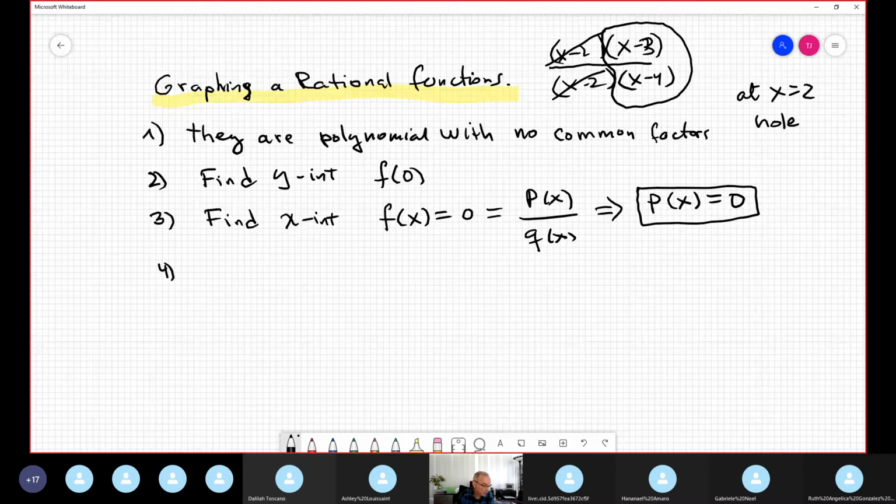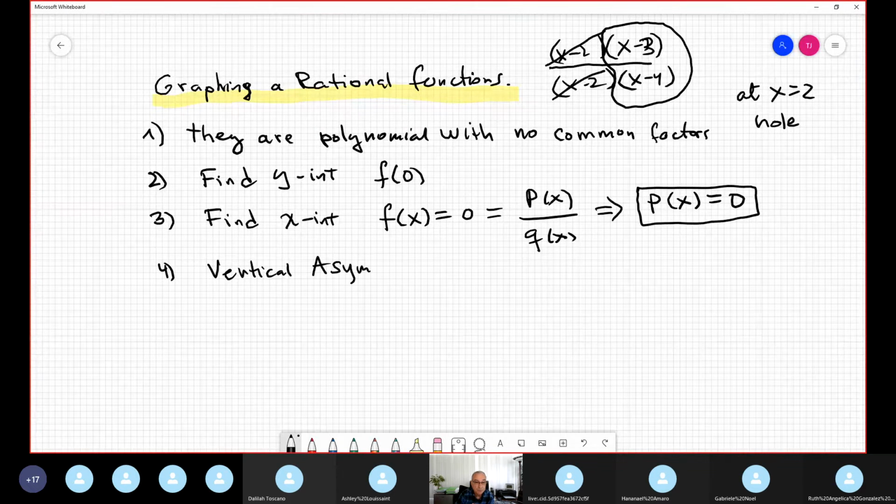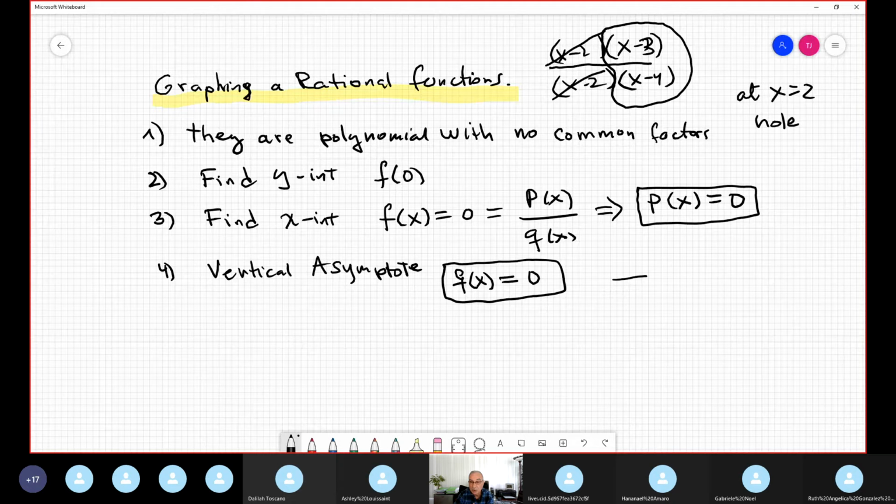Number four, find the vertical asymptote. Remember, the formula for finding the vertical asymptote is you take q, not p, q equal to 0. You solve this equation, and the x values you use to create the vertical asymptote.